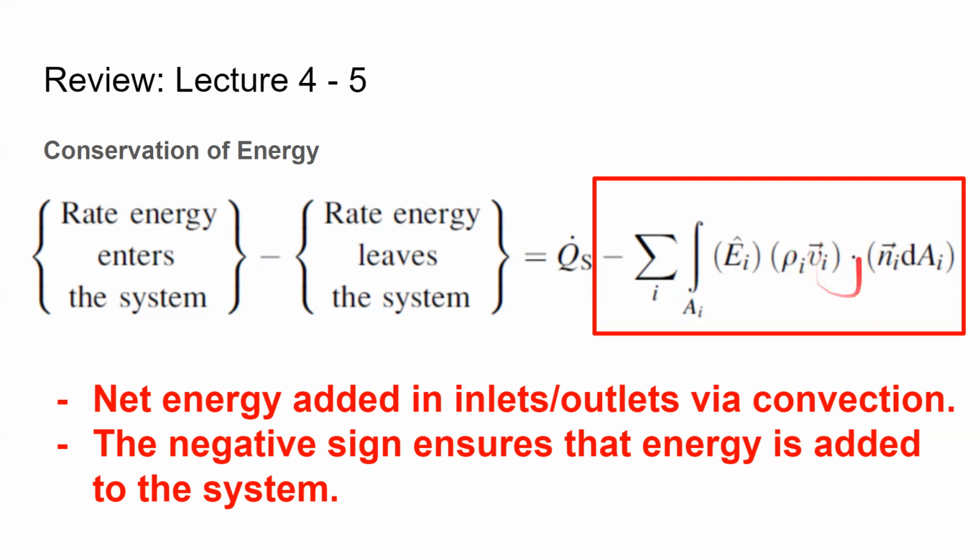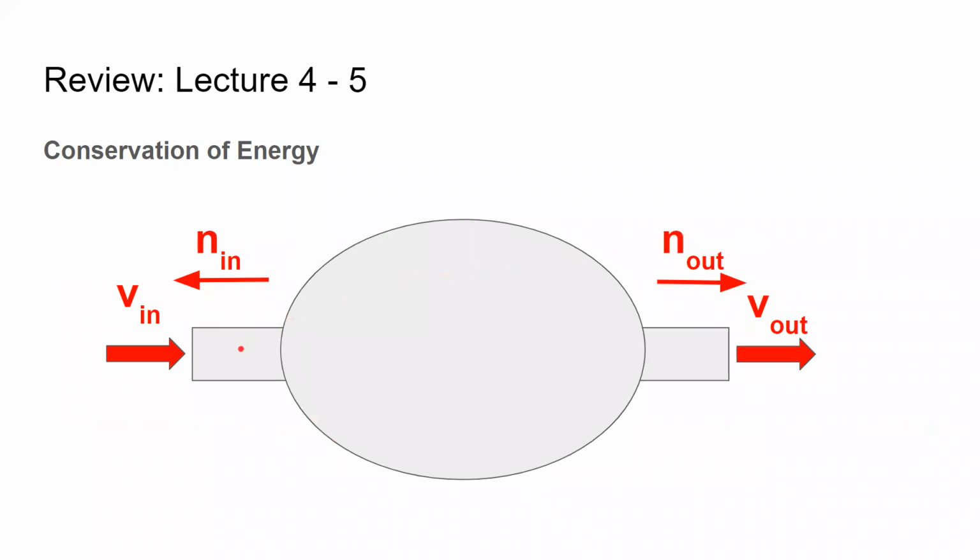We also have the velocity vector, right? If in our system the velocity vector is going this way and the surface normal vector is going this way, then we're going to get a negative value on this side. And on this side, when the normal vector is going out this way and the velocity vector is going out this way, this is going to be a positive energy.